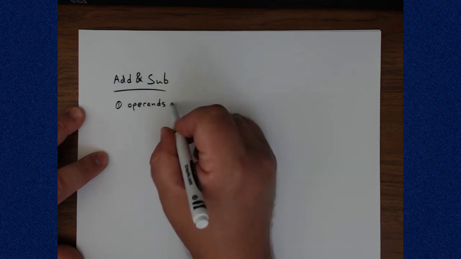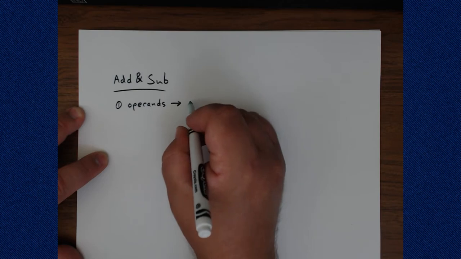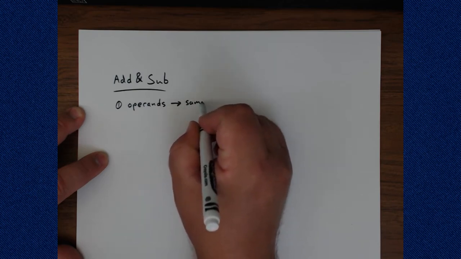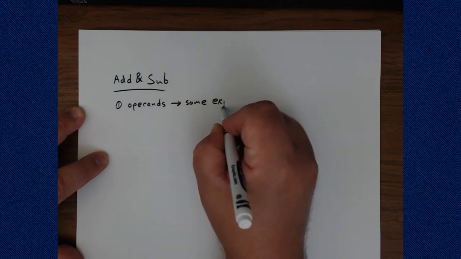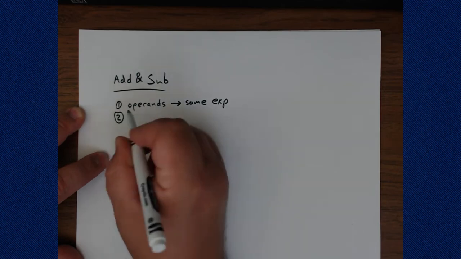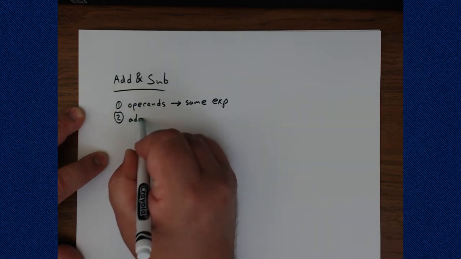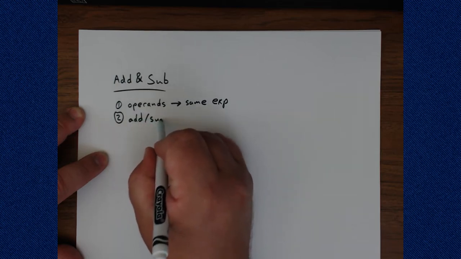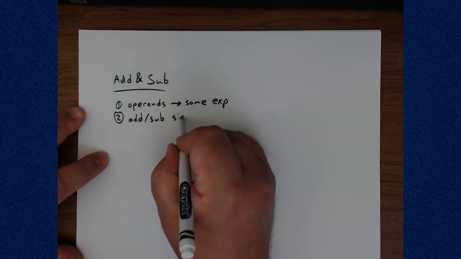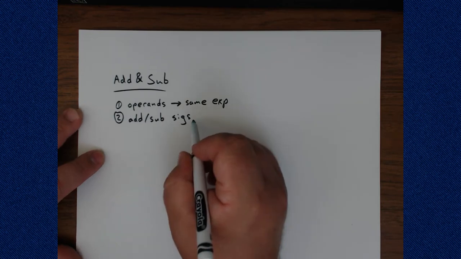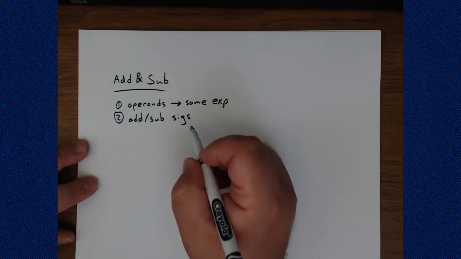So we have to do some work to convert these operands to have the same exponent. Once we've done that, we can finish up the operation by just adding or subtracting the significands.